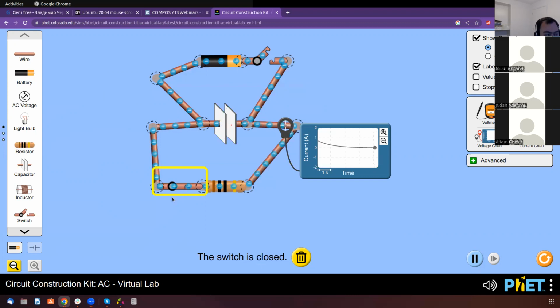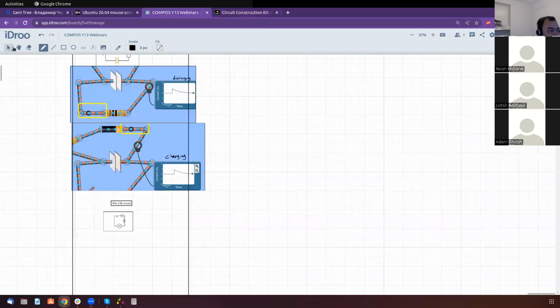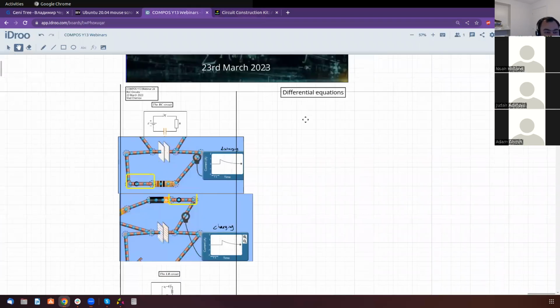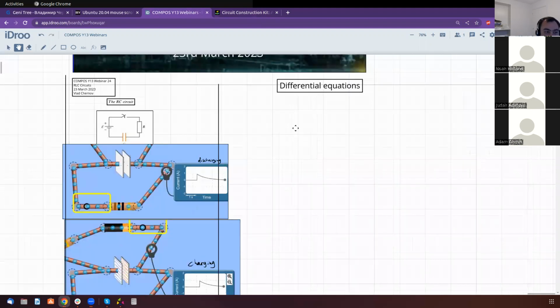Fairly straightforward. Now, this is how the RC circuit works. I will do the differential equations, but I want to go through all types of circuitry first, just to make sure that we have enough time to do the differential equations.